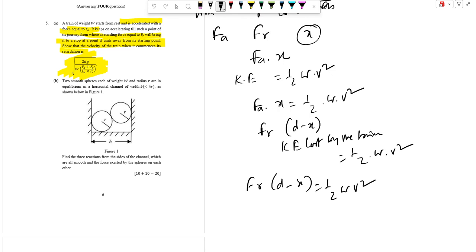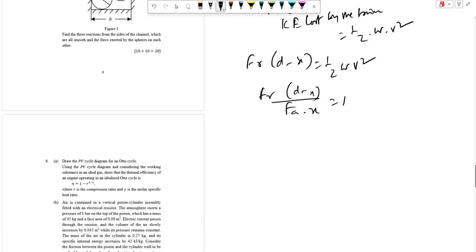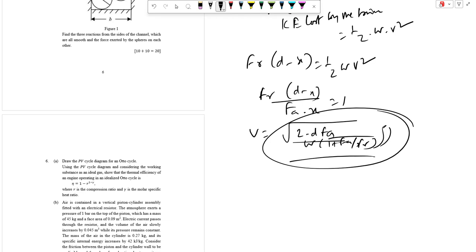Dividing the first equation by this, we get Fr (d minus x) over Fa into x equal to 1. Substituting these values, V equals the square root of 2 d Fa by W into (1 plus Fa by Fr), which is the given expression.